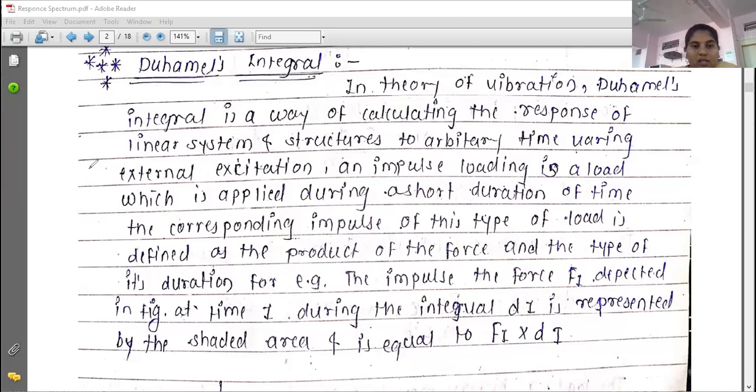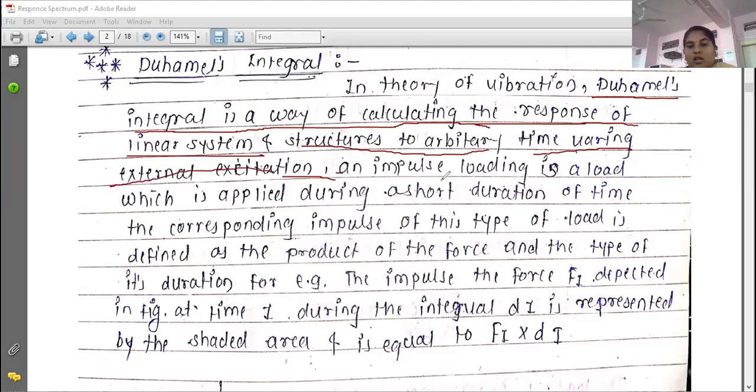It is used to calculate the response of a linear system and structures to arbitrary time-varying external excitation, such as an impulse loading.